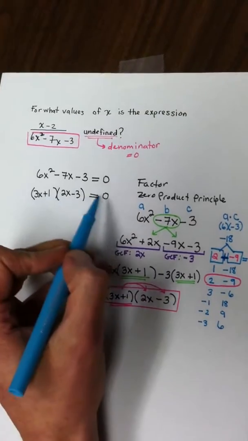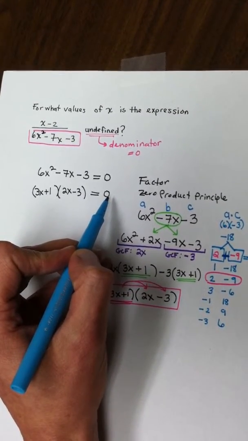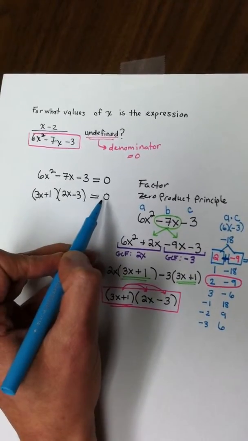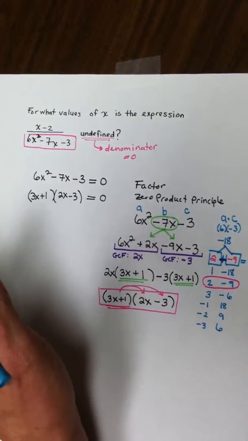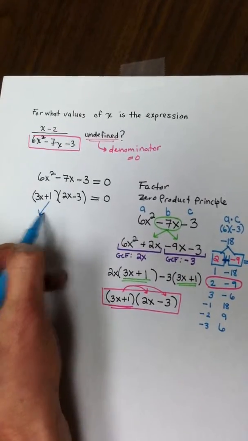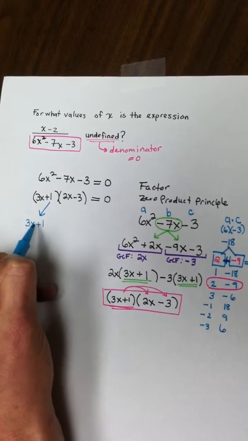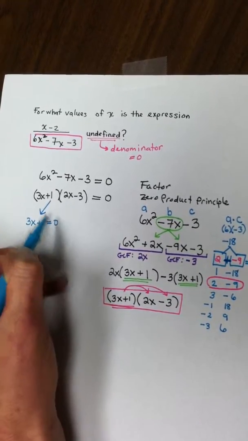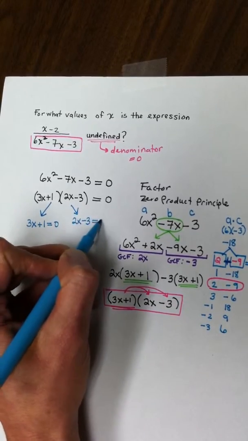That wouldn't work if this was equaling 12, for example, because lots of things multiply to 12. But if two things are multiplying to 0, I can guarantee you one of those numbers has to be 0. So either this factor, 3x plus 1, is going to be 0, or 2x minus 3 is going to be 0.